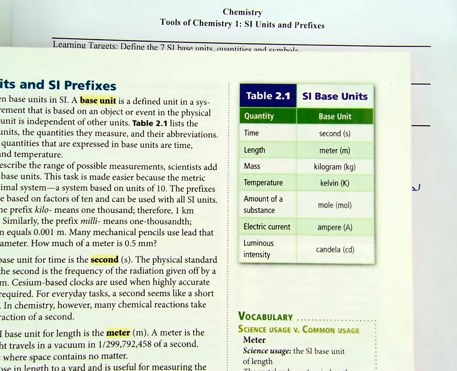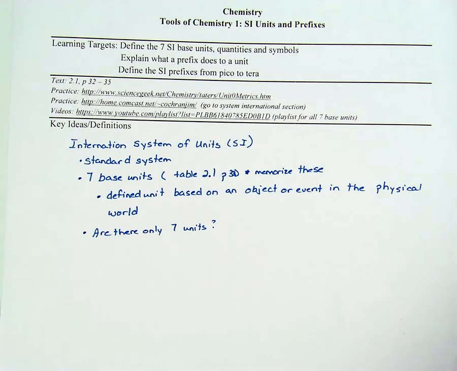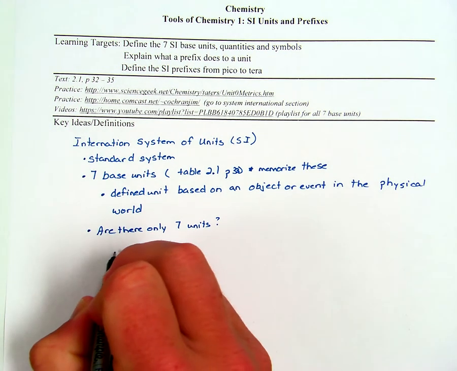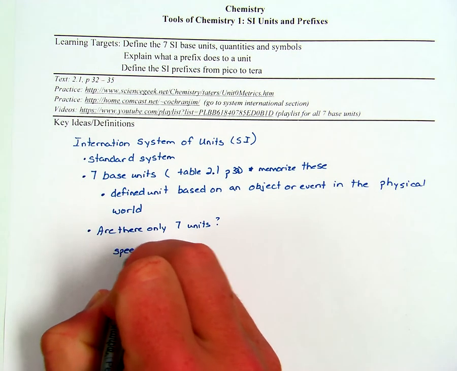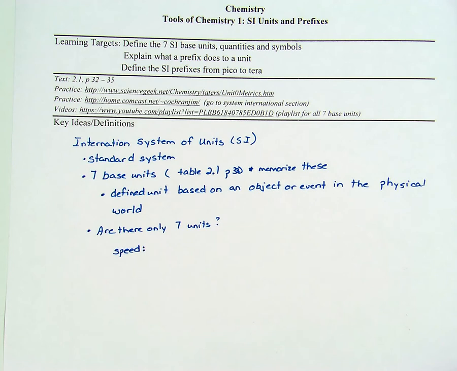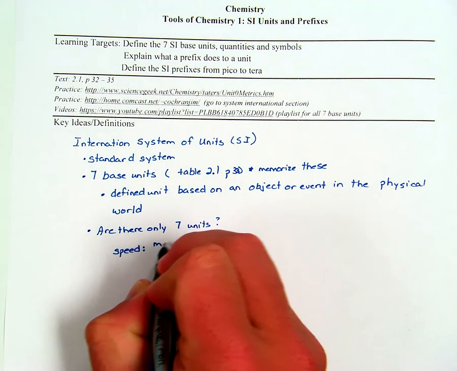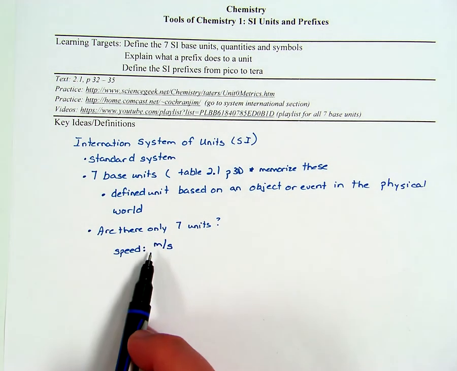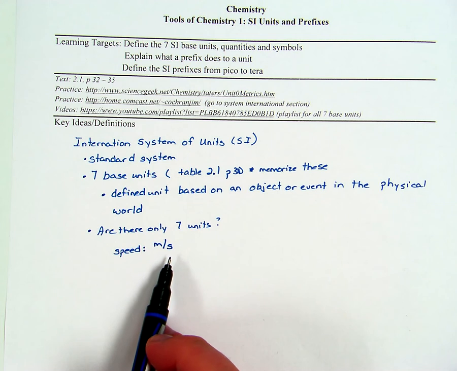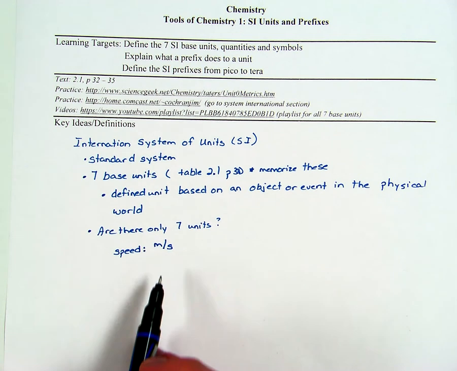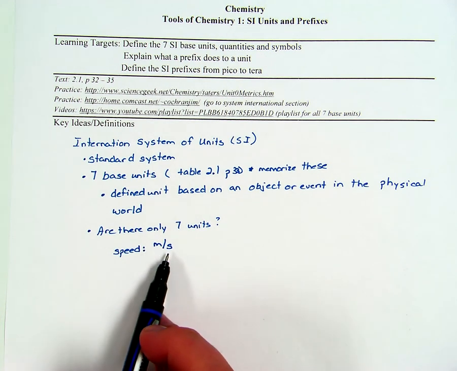Just as an example, let's say we wanted a unit for the speed of your car driving down the road. The unit you might use might be meters per second. Notice the meter and the second are both base units themselves. When we combine them by taking meters over seconds, we get a unit for speed, which works well.